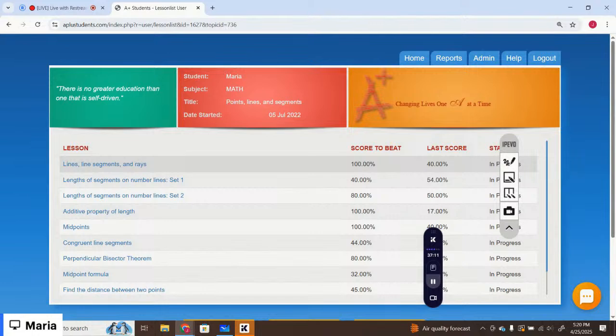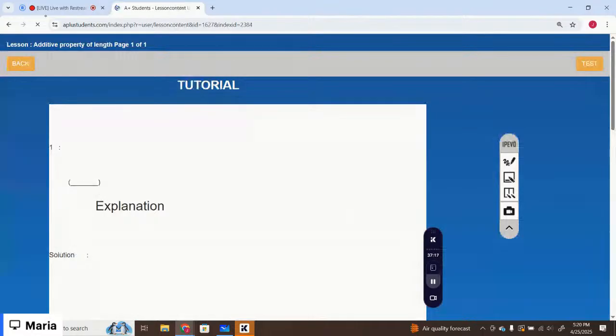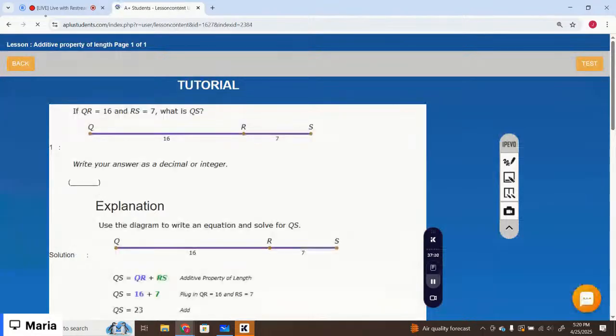The next lesson is additive property of length. If QR equals 16 and RS equals 7, what is QS?